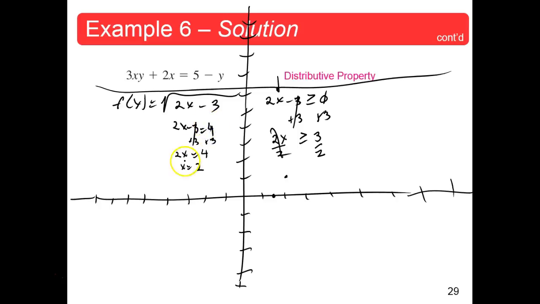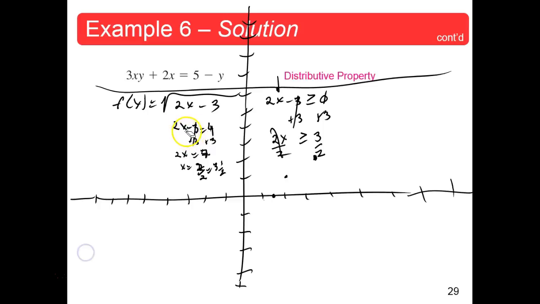And this becomes a 7, and this becomes 7/2, which is 3 1/2. Okay? So when x equals 3 1/2, there's 1, 2, 3 1/2. Here, we know that's going to be a 2 because the square root of 4 is 2. See, I told you this is a real lazy way to do it.